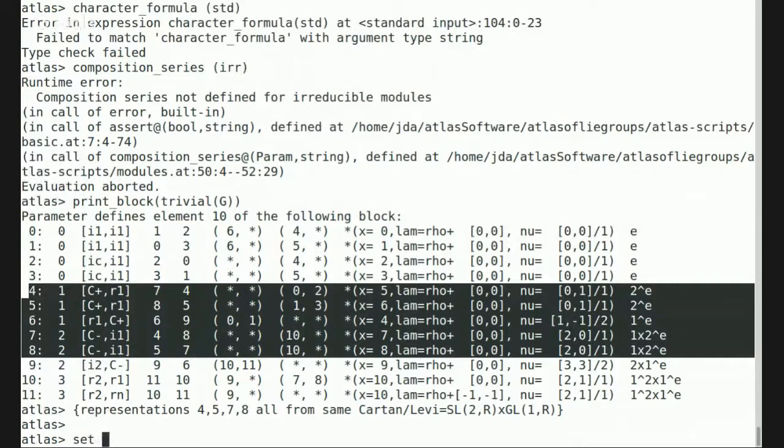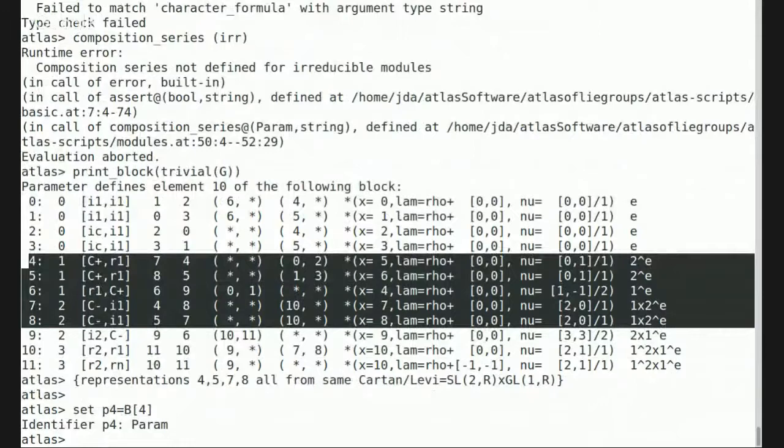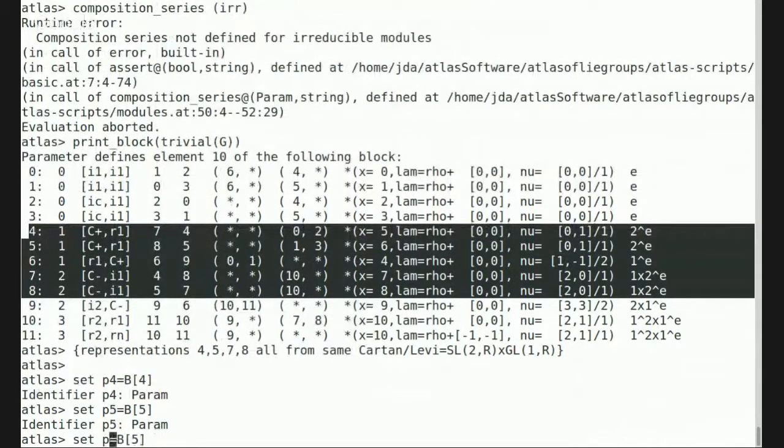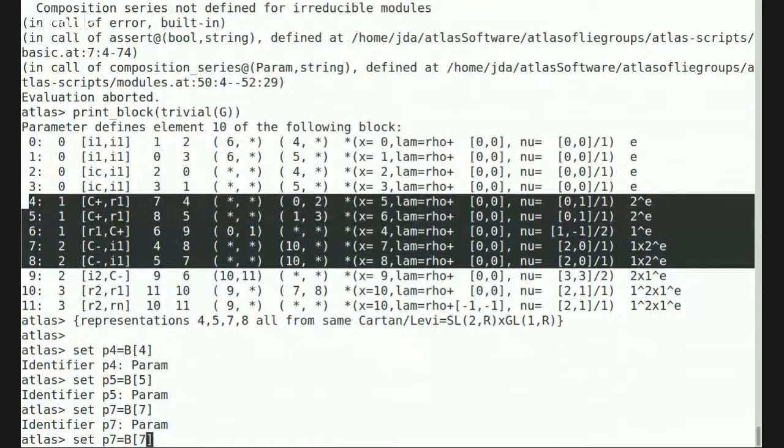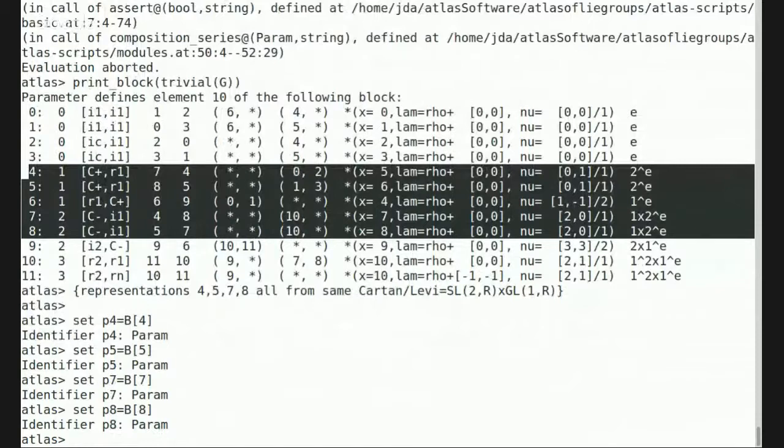So let's set P4 to be B bracket 4, for example. And let's set P5 to be B bracket 5. And 7, and 8, just for convenience. Okay, for example, I have the cuspidal data of P4 already, but let's give it a new name.